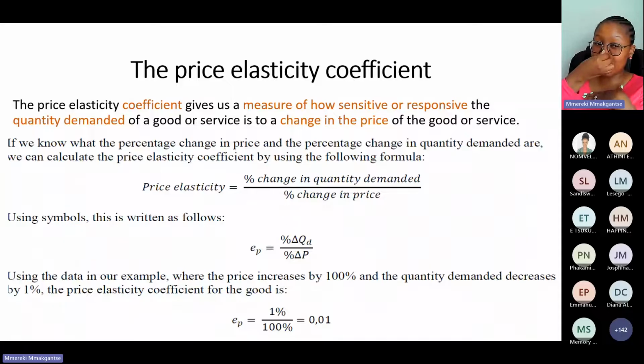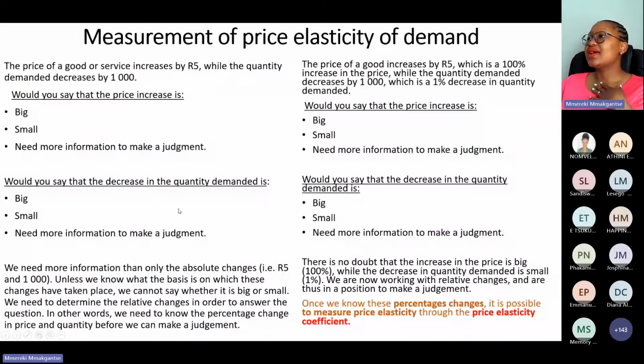Like in the previous question, they told us that the price of the apple increases by 5 rand, which is a 100% increase in price. However, the quantity demanded didn't change that much. It only changed by a 1% decrease.